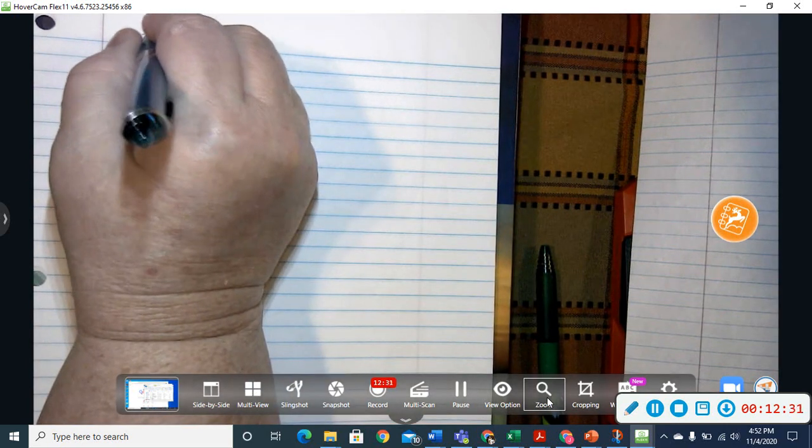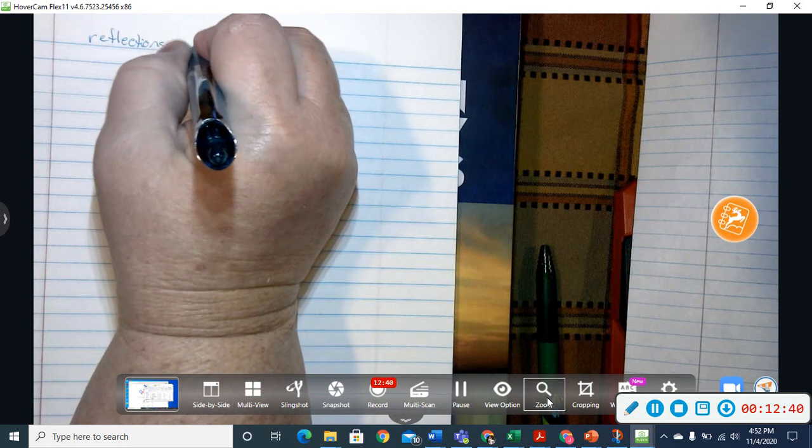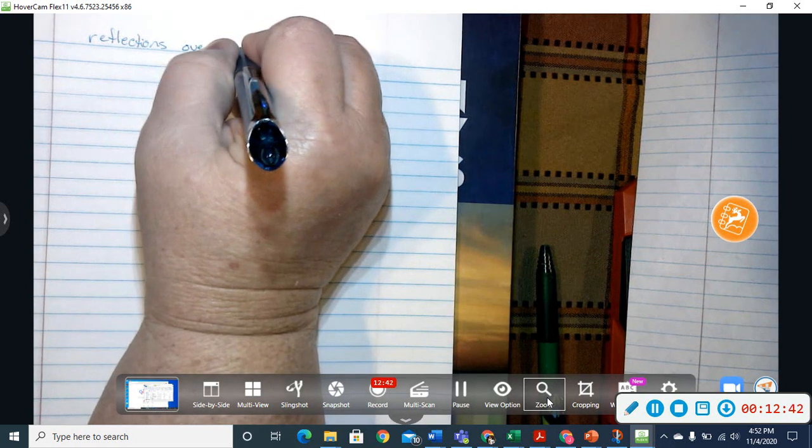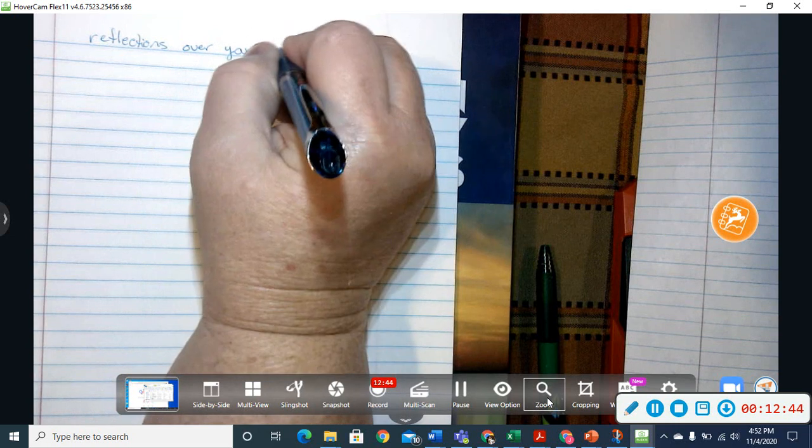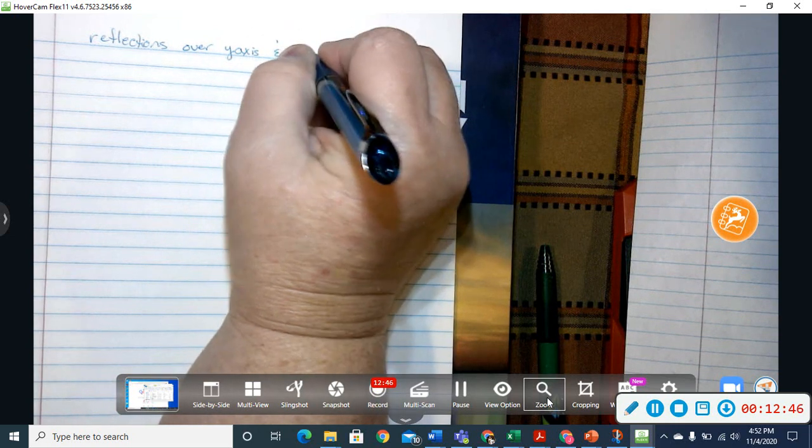Reflections. We have 2 types of reflections. We have reflections over the y-axis and we have reflections over the x-axis.